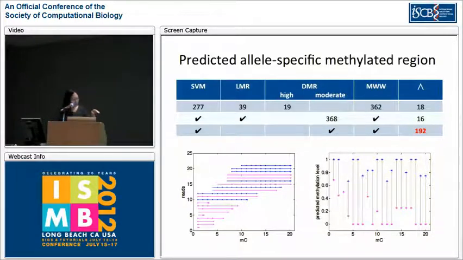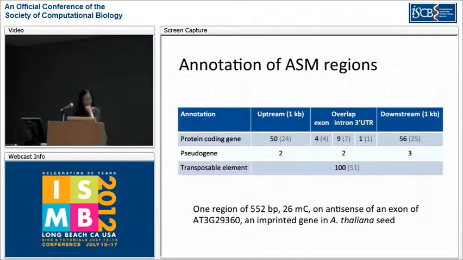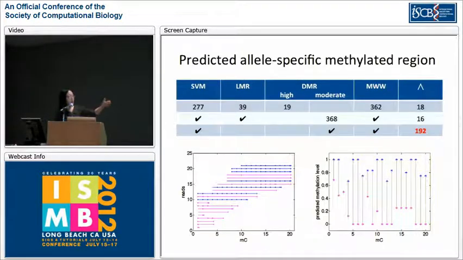It has 20% on average here. And of course, once one predicts this, you will want to look at the functional consequence if you have the data.